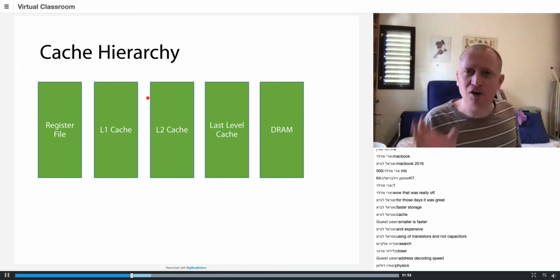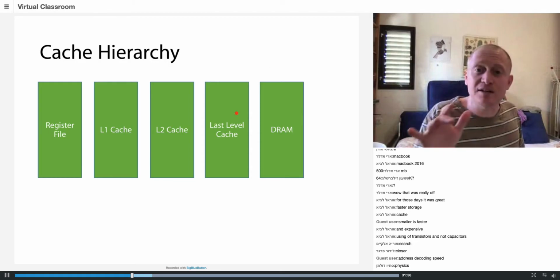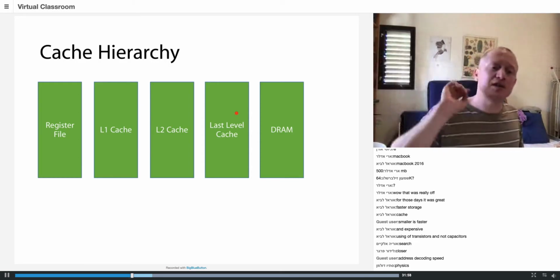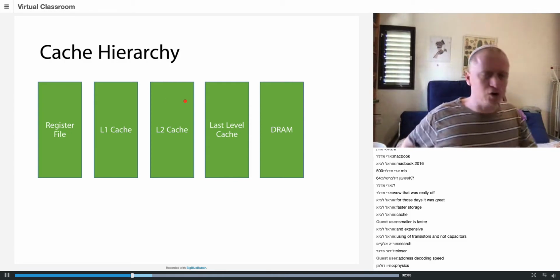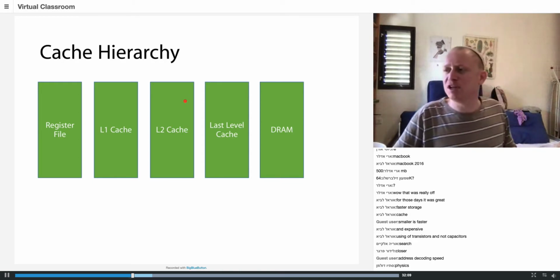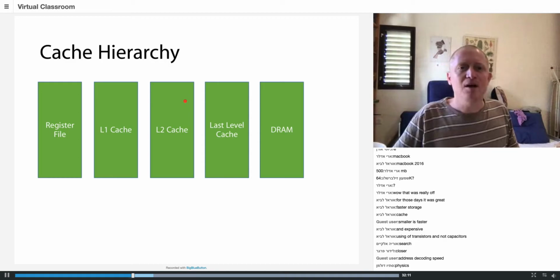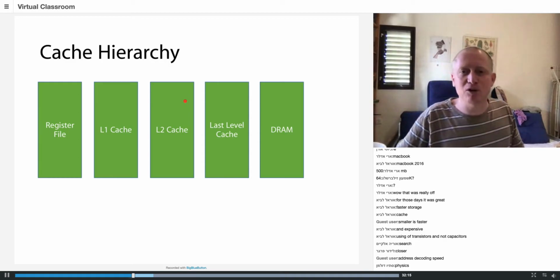Great, I can run a little slower. If it's not there, let's go to the last level cache. If it's not there, then I'm in real trouble. I have to go to the DRAM. So I have to search these data structures very, very quickly. I'm not telling you how these searches are implemented, but you can understand that if you have a smaller data structure, you search it more quickly.